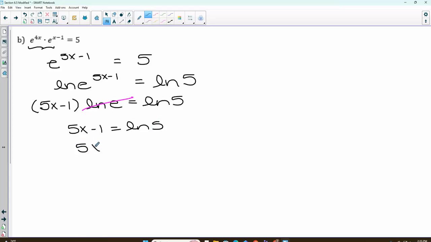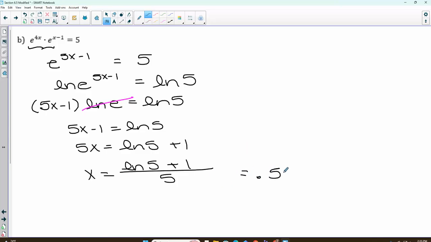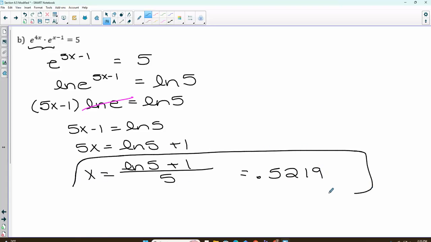So then we can add over the 1 and divide by 5. We get 0.5219. Are you guys remembering these?